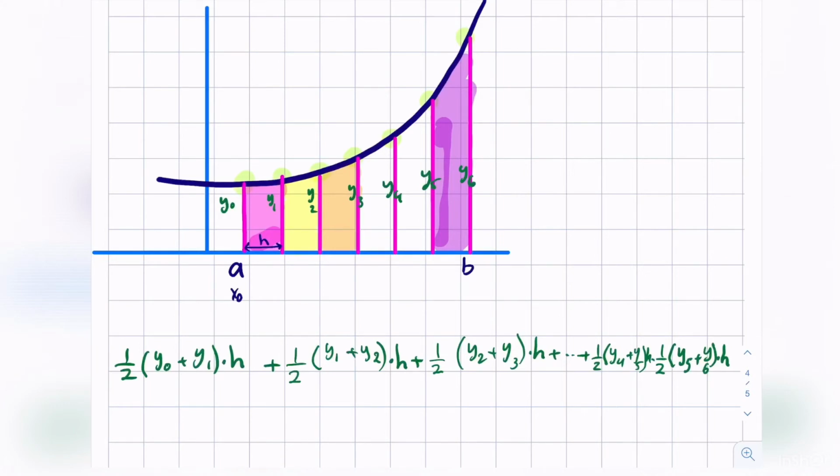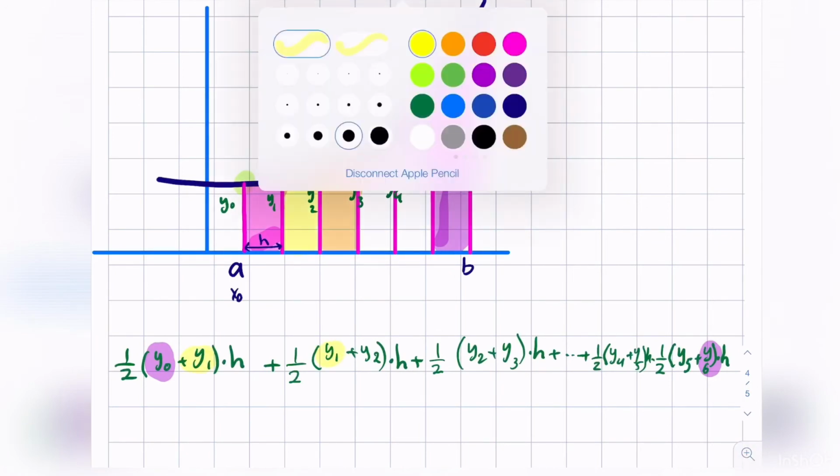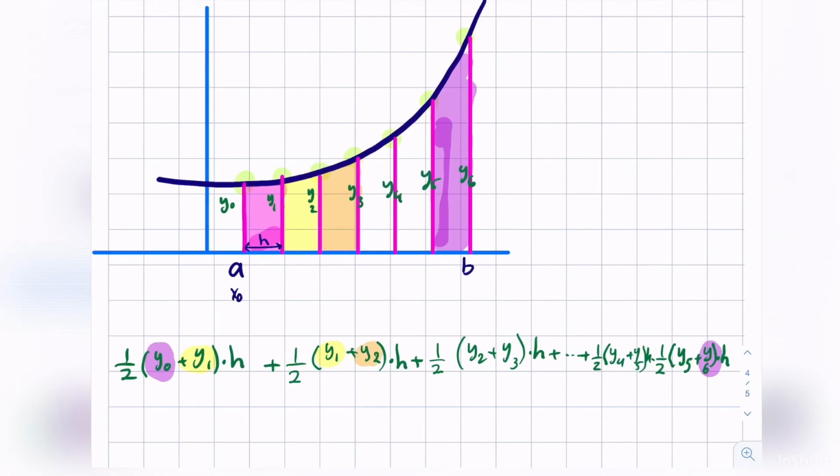And so as you can see, the only y's that come once are y naught and y6. All the others are present twice when you add the trapeziums. So you can see here y1 and y1 again, and y2 and y2 again.